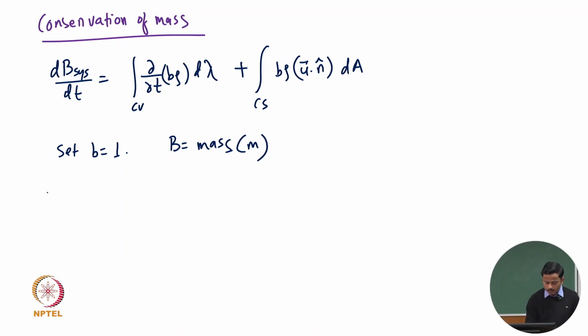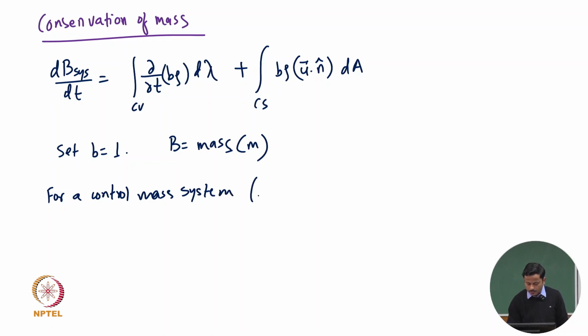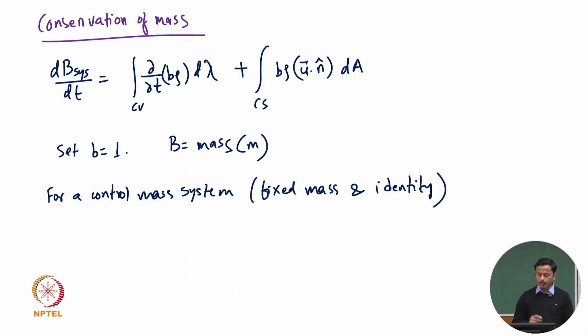For a control mass system, that is fixed mass and identity, these same elements of fluid are not changing, they are not intermixing, and the mass of course remains fixed for a system. So this is a control mass system, so the mass is not varying.